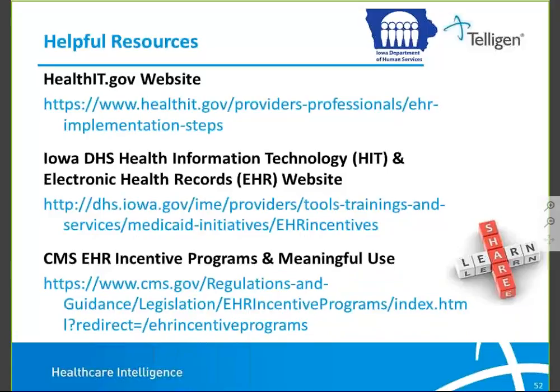In terms of some helpful resources, I've got 3 of the main ones here. The healthit.gov website has very, very good information. I provided the link. One of the main tabs is for providers and professionals. There's a lot of good information there in terms of EHR selection, meaningful use, and interoperability and HIE for providers.